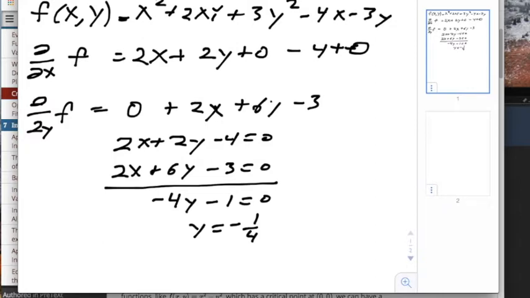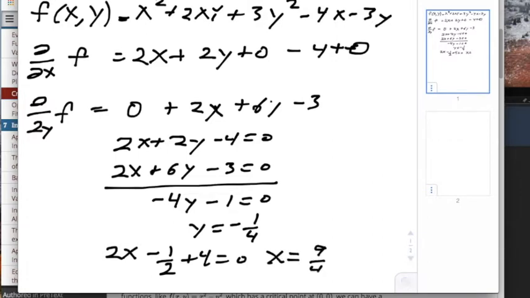I then plug that back in: 2x minus a half minus 4 equals 0. That solves for x equals 9/4, which is the same thing I got when I looked at the picture. So this lets me do it algebraically, and for this case, that's fairly simple.